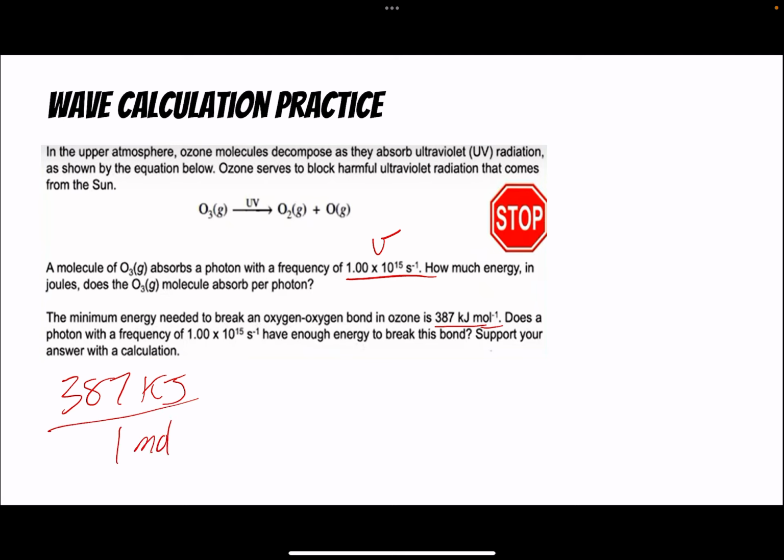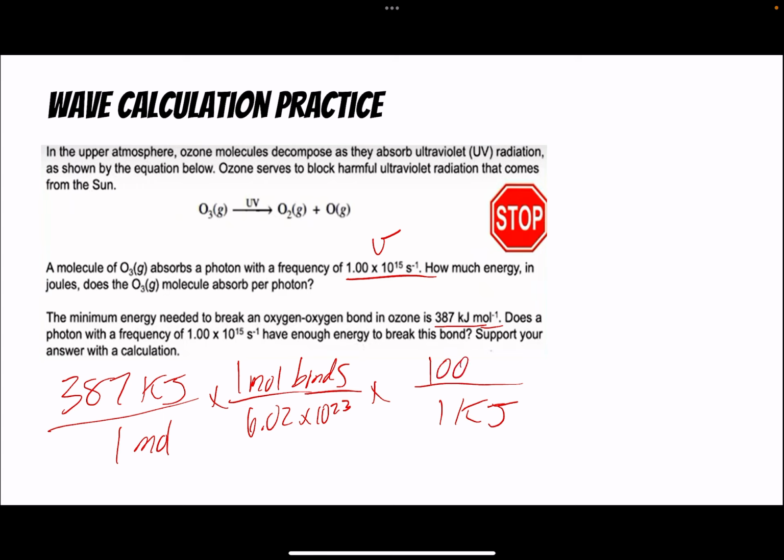This is a mole of bonds, and 1 mole of anything is Avogadro's number. Our goal is to convert to joules, but we can't do that directly because it's kilojoules per mole. That's why I'm using Avogadro's number. From there, you should get 6.43 times 10 to the negative 19th joules.